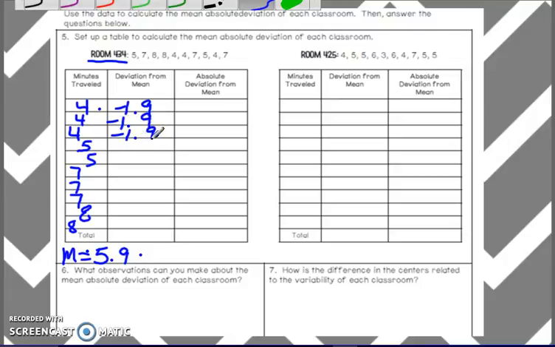Then we're going to do 5 minus 5.9, and that's negative 0.9. Now we're going to do 7 minus 5.9, and that's a positive 1.1. So all your 7s are 1.1. Now we're going to do 8 minus 5.9, which is 2.1.